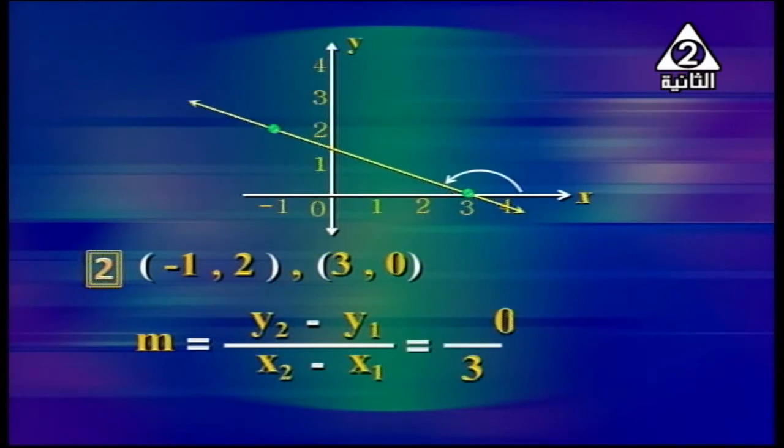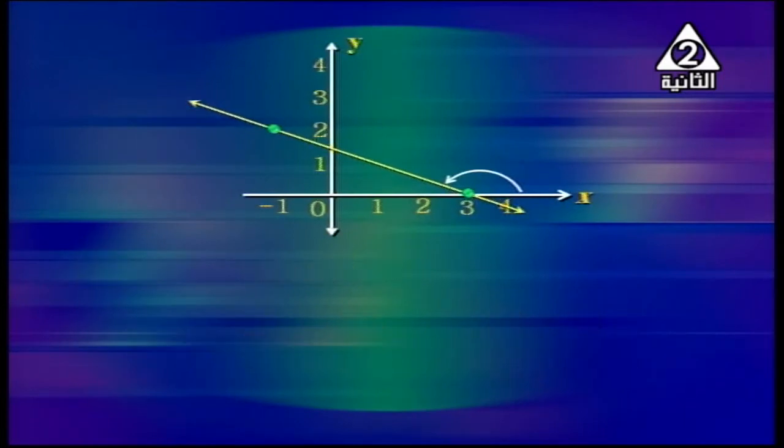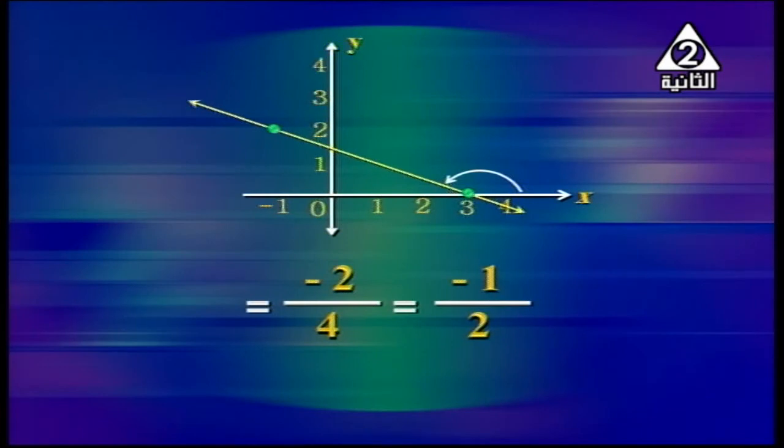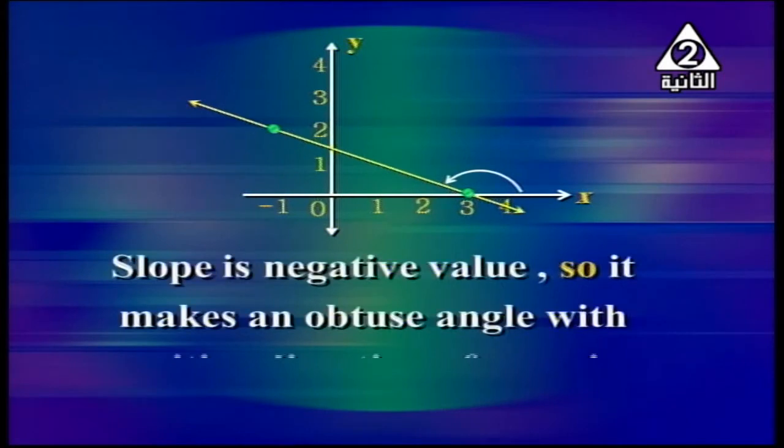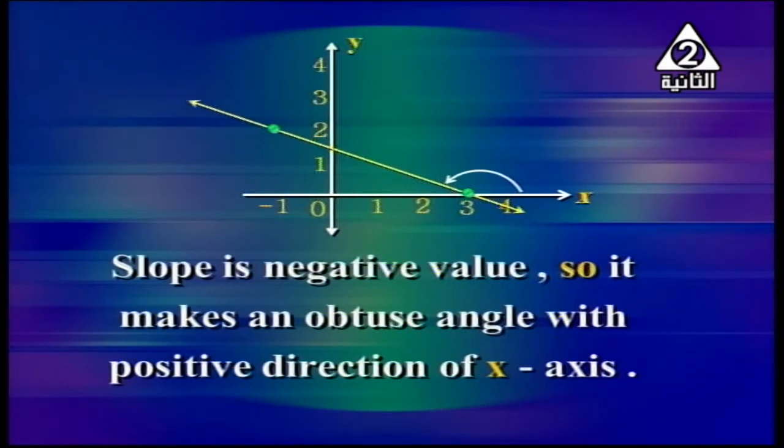So it is 0 minus 2 over 3 minus -1 to obtain a result as -2 over 4, which is equal to -1 over 2. Here the slope of the straight line is a negative value, so it makes an obtuse angle with the positive direction of the x-axis.